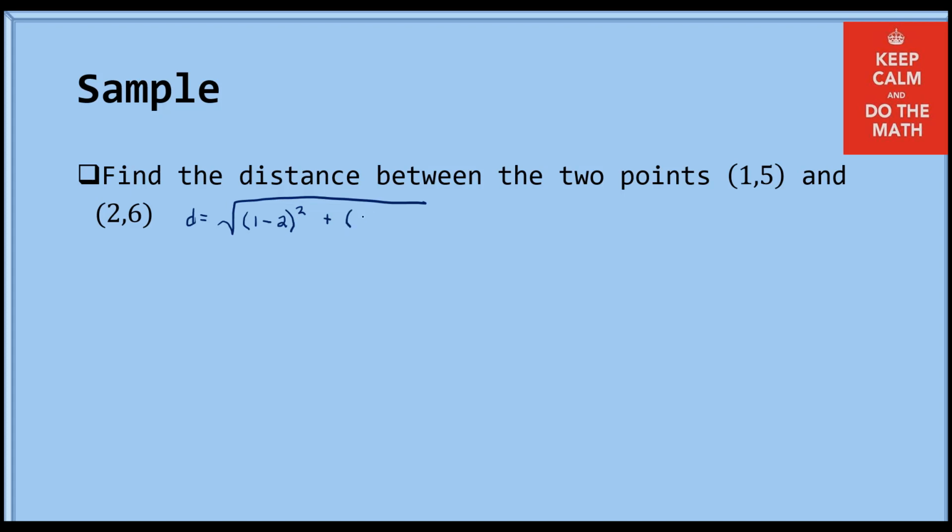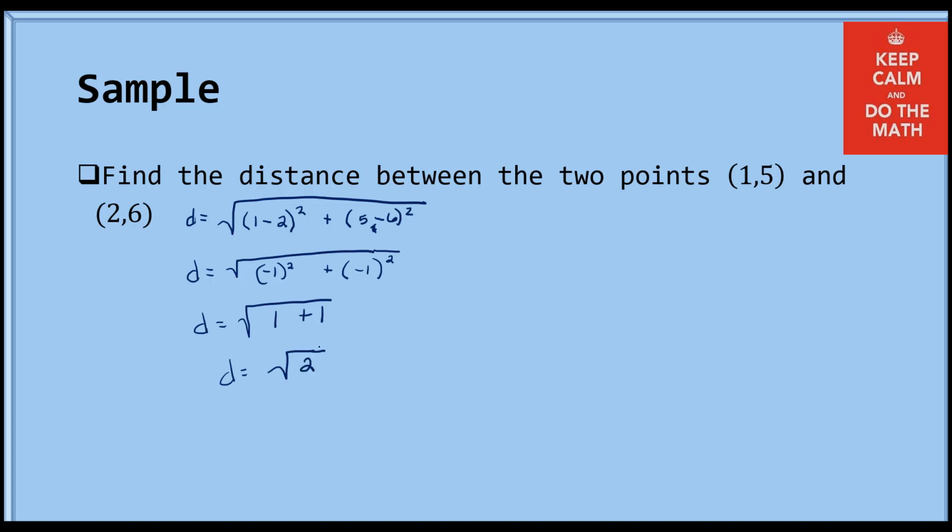Since I started with 1, I'm going to start with 5, same point, minus 6, and that's going to be squared. Again, following order of operations, I do the parentheses first. 1 minus 2 is negative 1, and that will be squared, plus 5 minus 6 is negative 1, quantity squared. Negative 1 squared is 1, negative 1 squared is 1. So I'm left with the distance equal to the square root of 2.